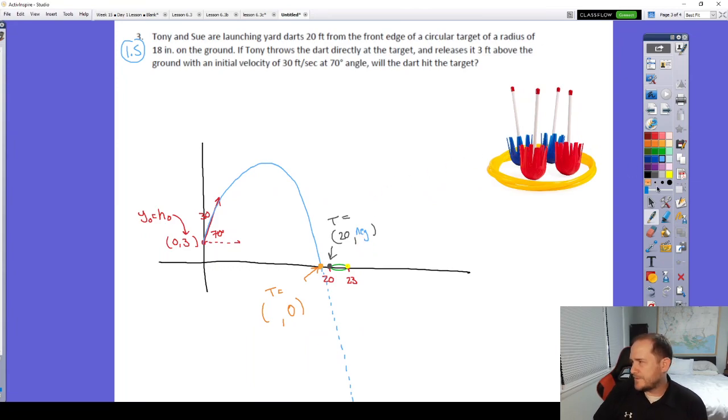And of course, if Tony's throw went too far, then by the time you get to 20, you'll have a height that's still positive, meaning it's still in flight, okay? So that's another way we could test it. That's the easier way, but maybe slightly less sophisticated mathematically.